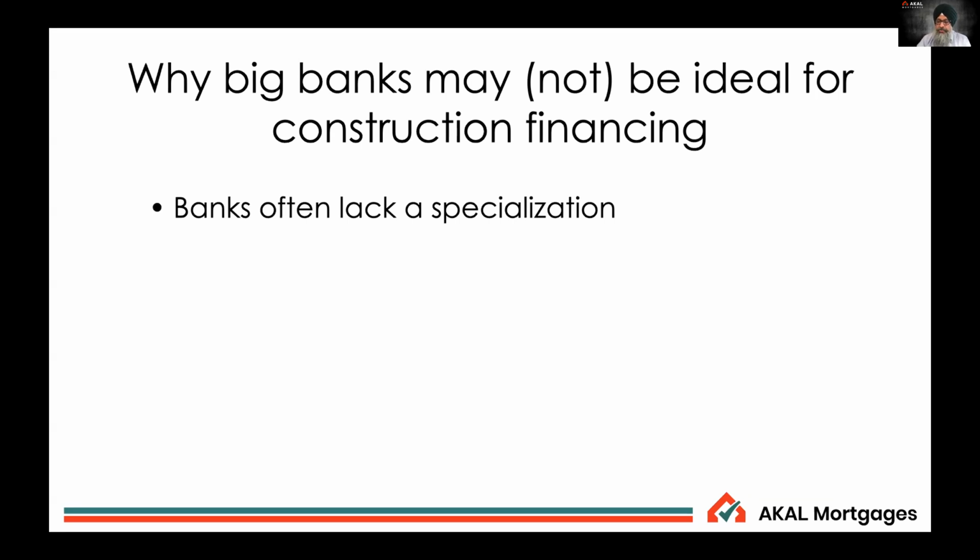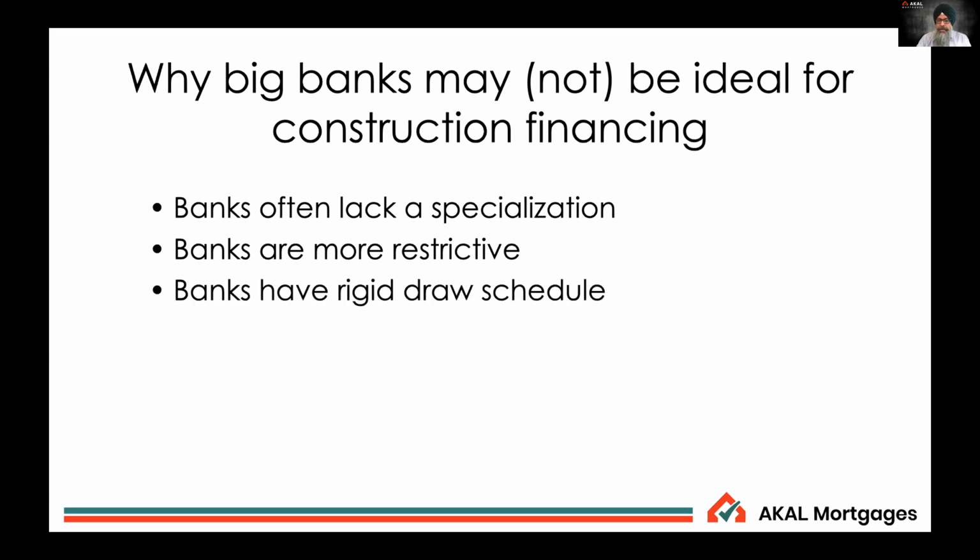We are not talking about the bigger construction projects for a subdivision or other commercial projects, but especially single homes. Banks are stricter in terms of construction financing, and banks have a rigid draw schedule as compared to MICs, which are pretty flexible based on the needs of your client. And banks lock in uncompetitive rates.